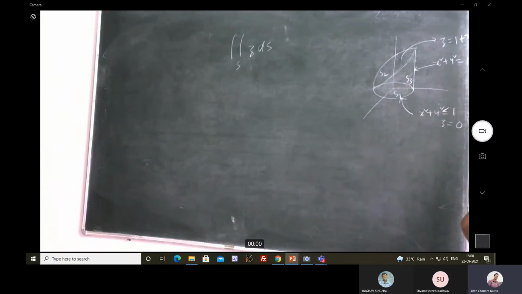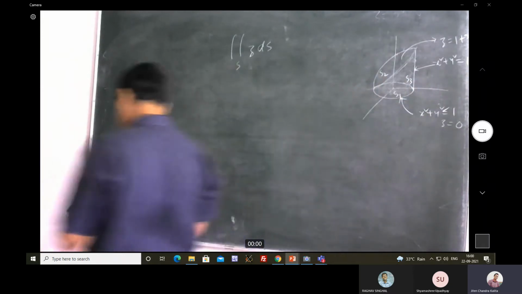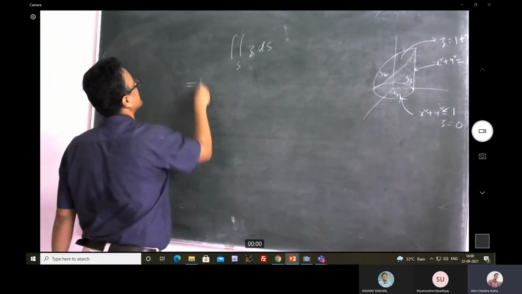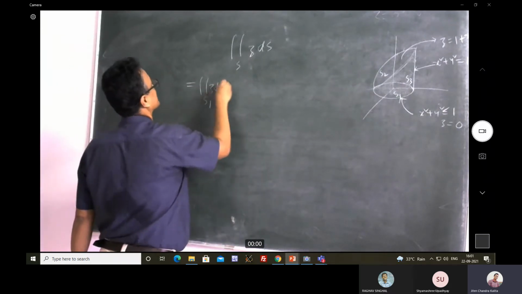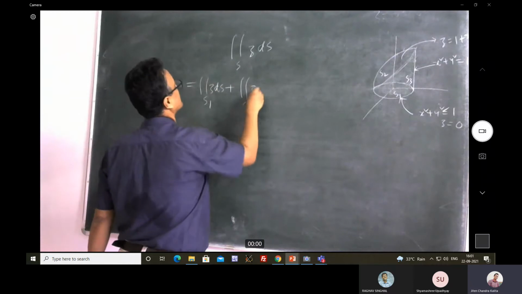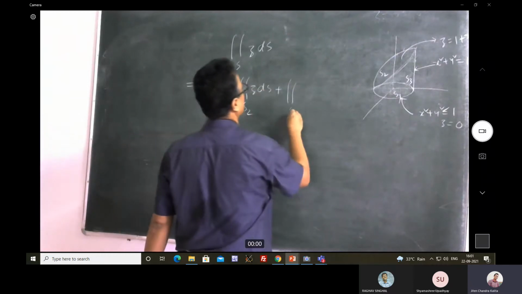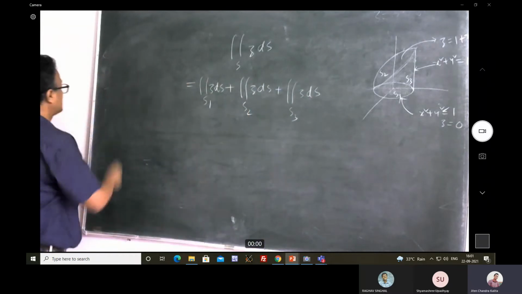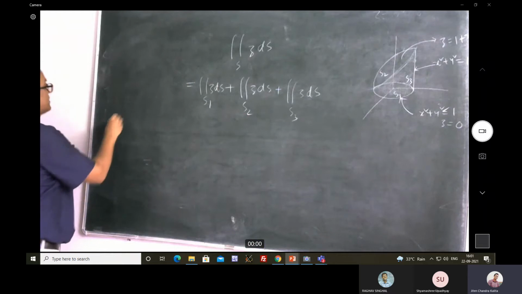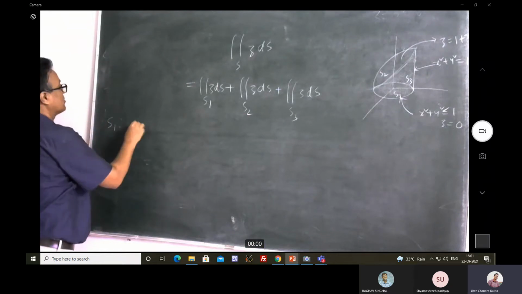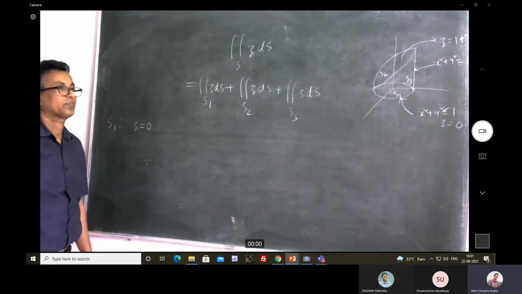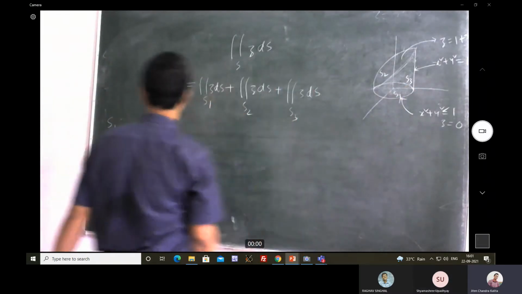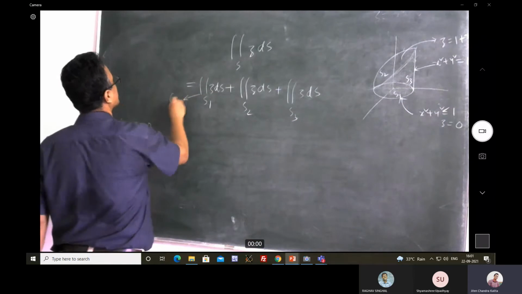I'm keeping the most difficult part for later. So now you know that this is simply going to be the integral over S1 of z dS plus over S2 of z dS plus over S3 of z dS. Over S1, z is equal to 0, isn't it? So that is why this integral is going to give you 0.